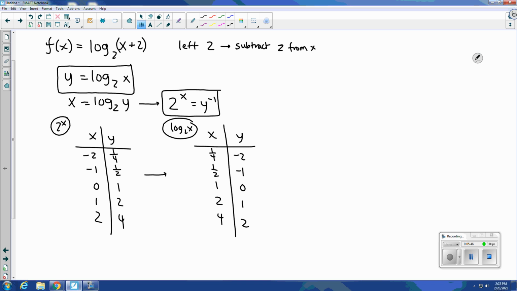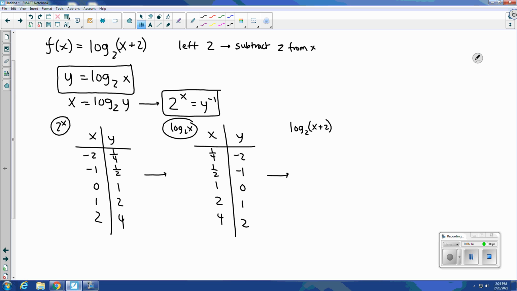It's just easier to do it this way because we don't have the algebra tools to find the inverse of the original logarithm. So we have to work with the parent logarithm. Then make the table for the exponential, find the table for the parent log, and then the additional step when we have transformations is that now we're going to make the table for our transformed logarithm.